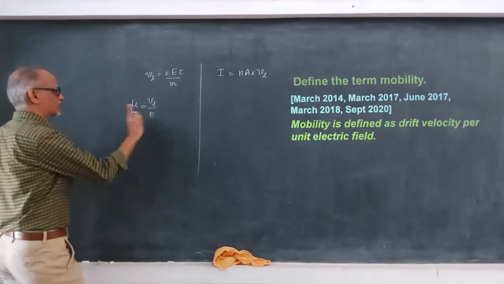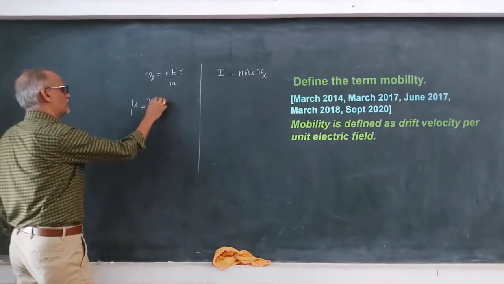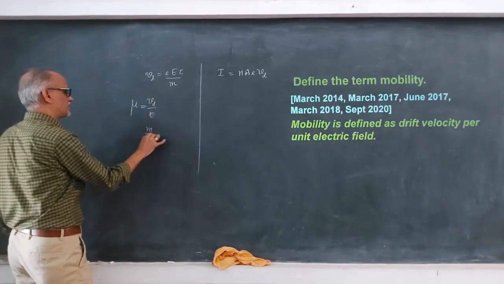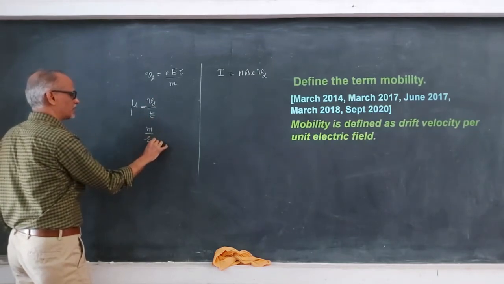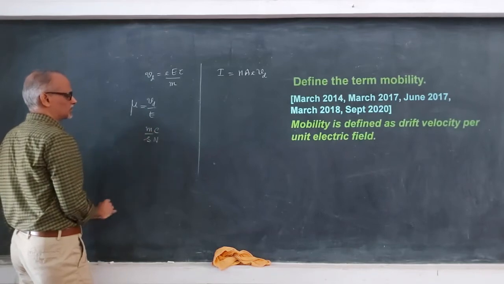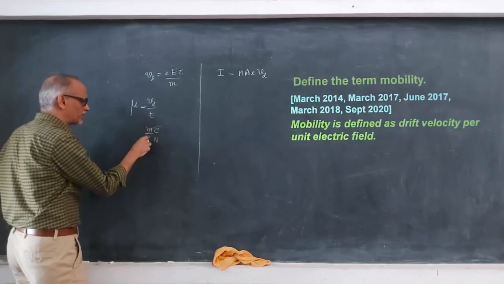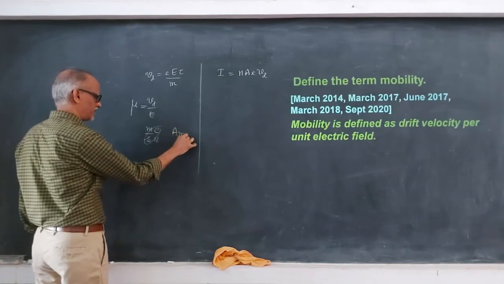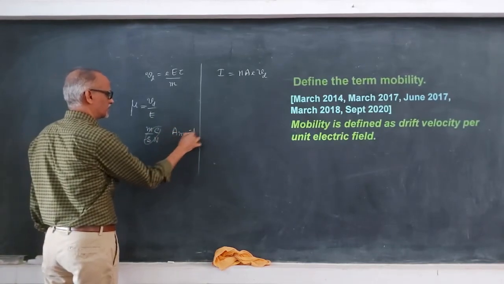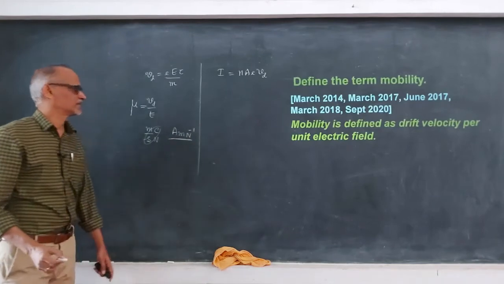So what is the SI unit? There are two units. One, drift velocity I can write in terms of meter per second. Electric field is Newton per Coulomb. But Coulomb per second is nothing but ampere. So that's why ampere meter per Newton is the unit of mobility.